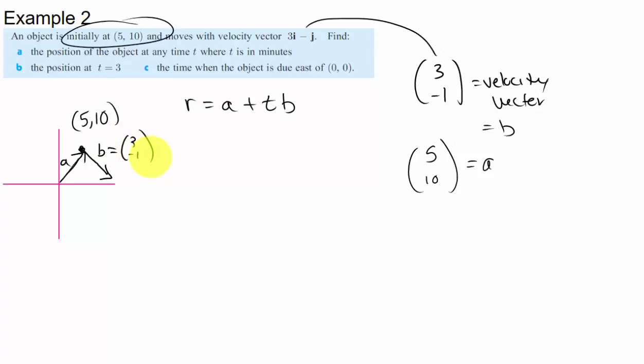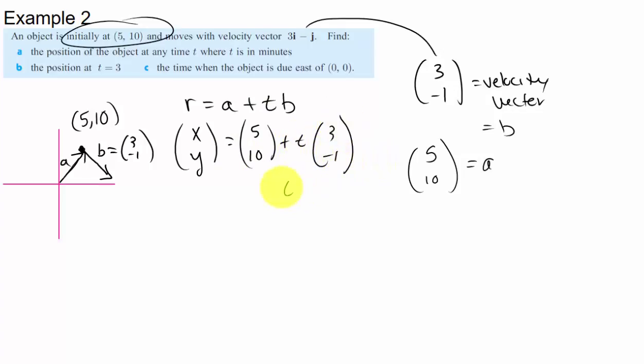So when we're asked the position of the object at any time, it's just saying come up with an equation. So we have x, y is equal to 5, 10 plus t times 3, -1, and we do have to say that t is an element of the real numbers. Now this is our equation, but the question is asking us for a position of the object.